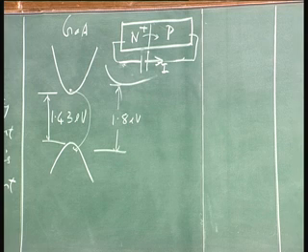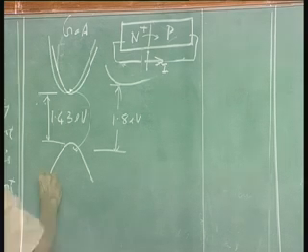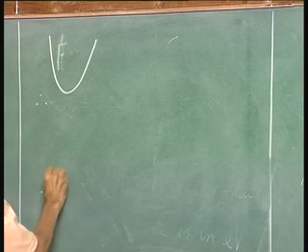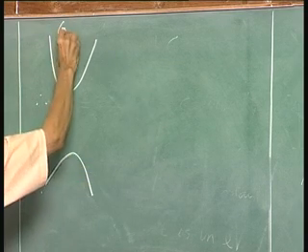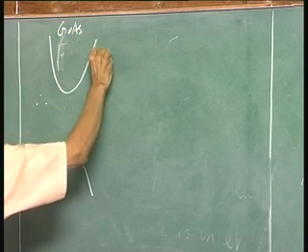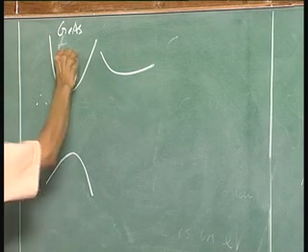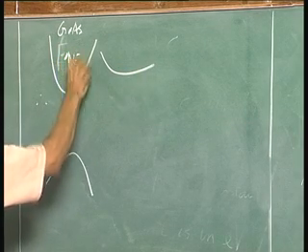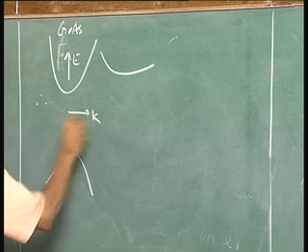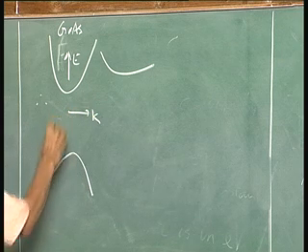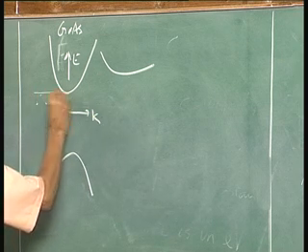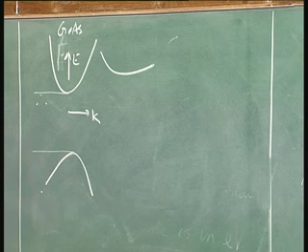Okay, let me redraw this here. So, you have gallium arsenide, satellite valley, the energy versus momentum, and conduction band, valence band.